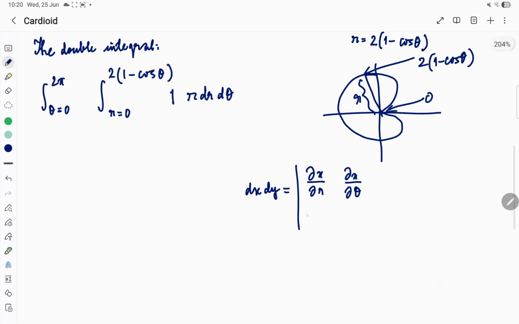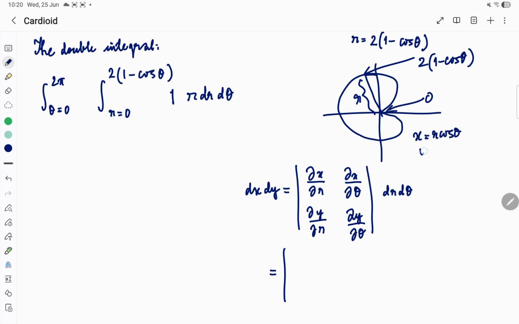I discussed this in class today. x equals r cos theta and y equals r sin theta. So this is cos theta, minus r sin theta, sin theta, r cos theta, dr d theta. So from there this follows, r dr d theta.